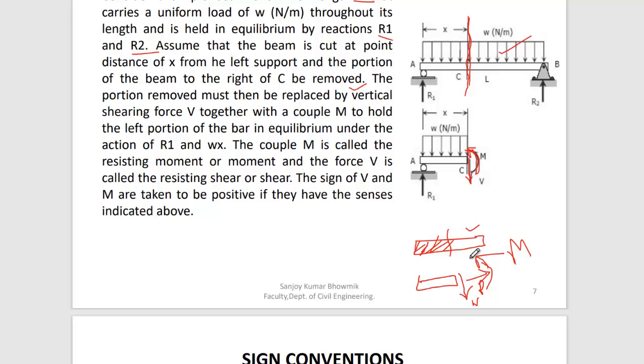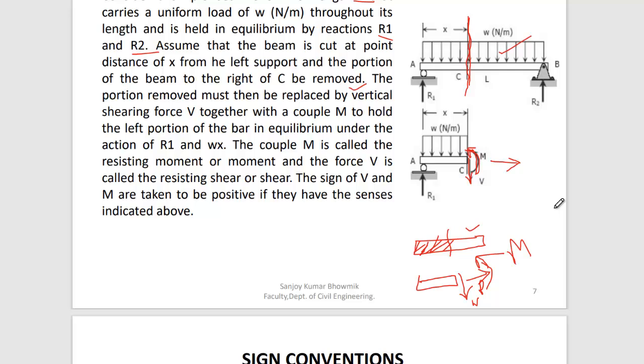But now the question is that in this section you have only two forces, shear force V and moment M. Why is axial force missing? Who can answer this? Sir, axial force will be 0. Yes, exactly. But can you tell me why the internal axial force would be 0?